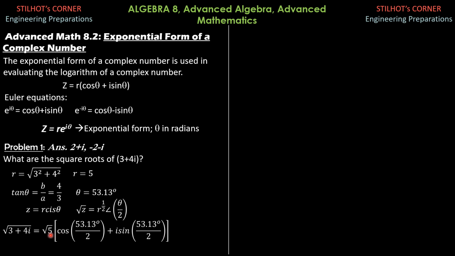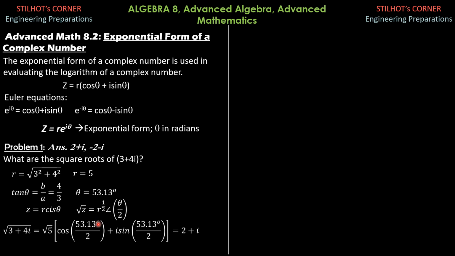So using your calculator there, 53.13 degrees over 2, cosine of that is cosine of 26.565 degrees, and that times square root of 5 would be 2. And square root of 5 times i sine 53.13 degrees over 2 is 1, then times i, so just i. So that's the first root, 2 plus i.